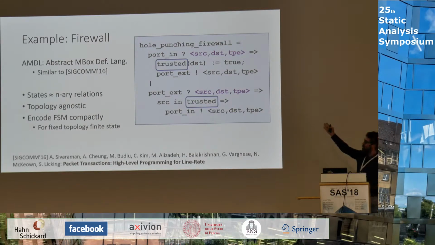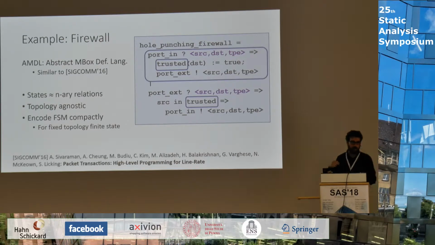So what do we have here? This is the same firewall we've seen before. It has the trusted relation to record the state, and it has two events. The first is an event representing a packet arriving from inside the network going out. In this case, the middle box will add the destination of that packet to the set of trusted hosts and will forward it out.